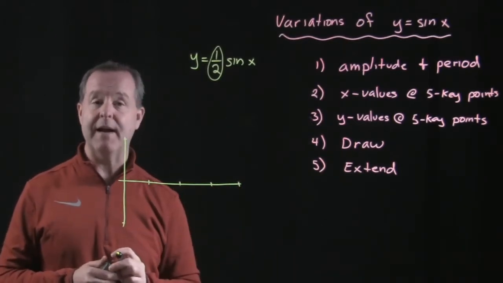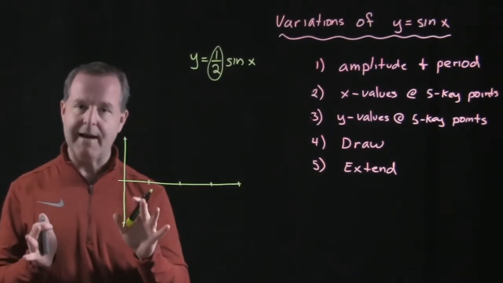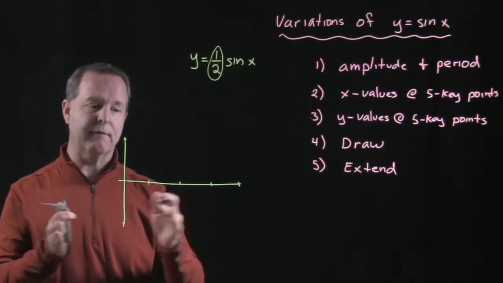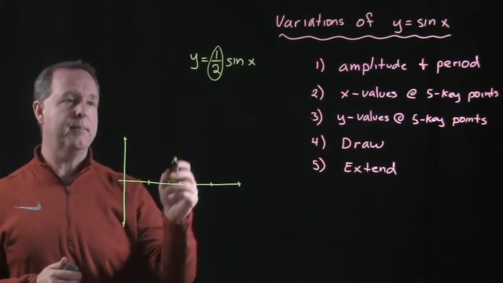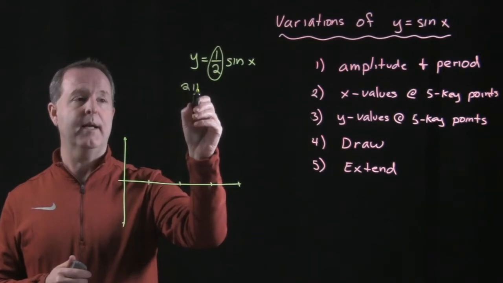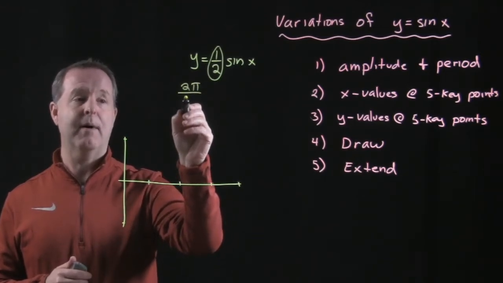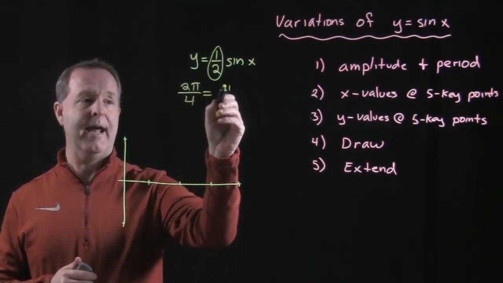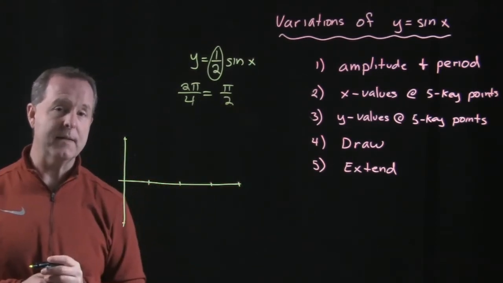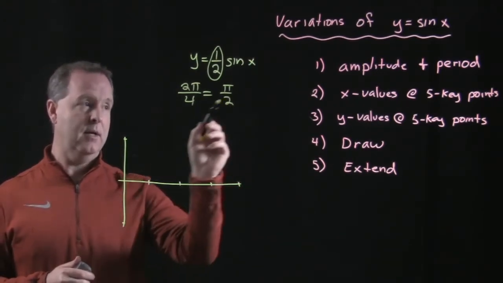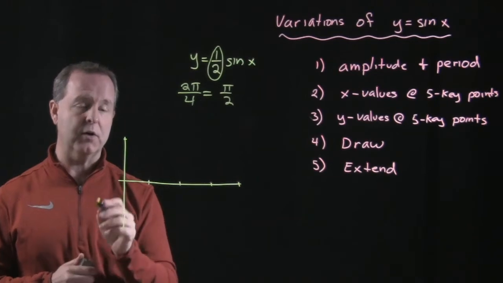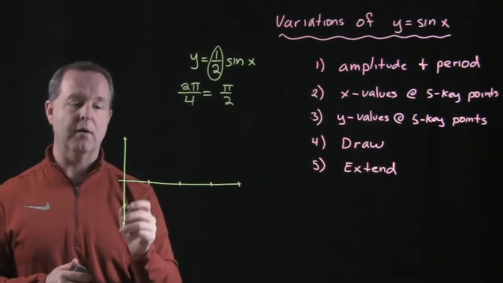After that, we want to identify the period. Well, the period we have to remember of a sine graph is a full 2 pi. So the period, 2 pi divided by 4, gives us pi halves. So that tells me then that one of the key x values occurs every pi halves along the graph.